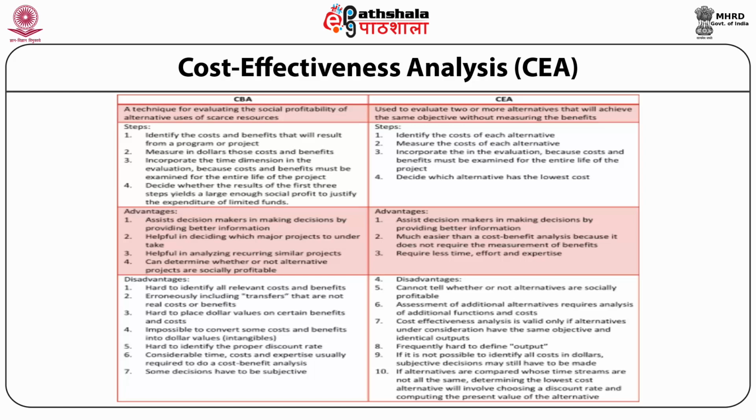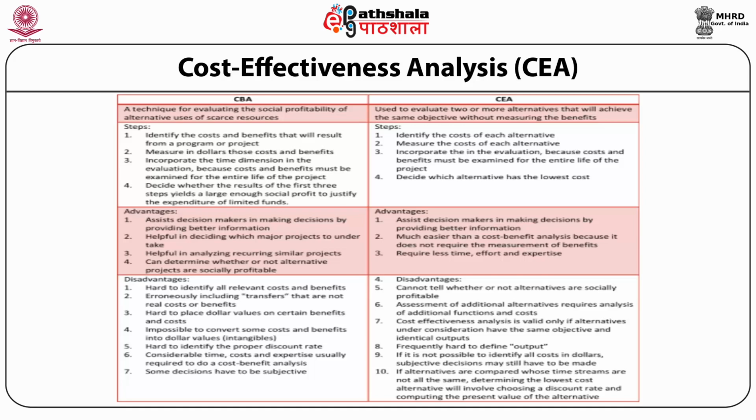What are the disadvantages? CBA: it is hard to identify all relevant costs and benefits under cost benefit analysis. Erroneously including transfers that are not real costs or benefits. Hard to place dollar values on certain benefits and costs.